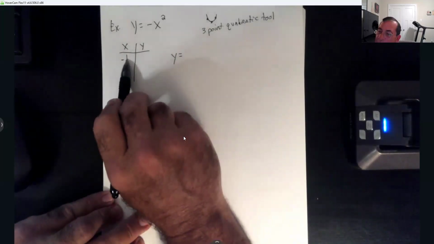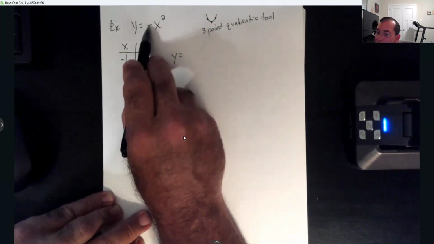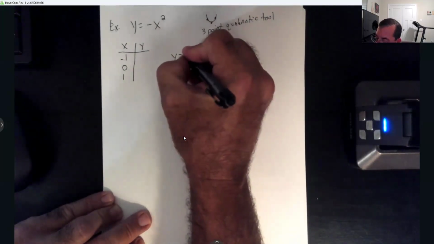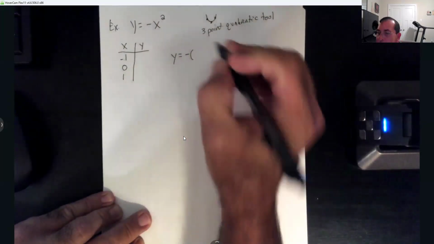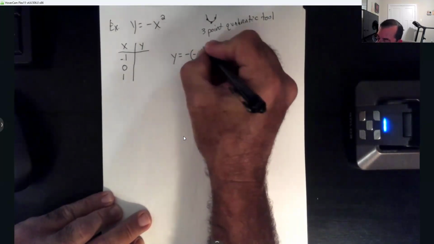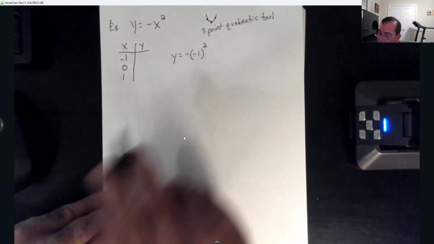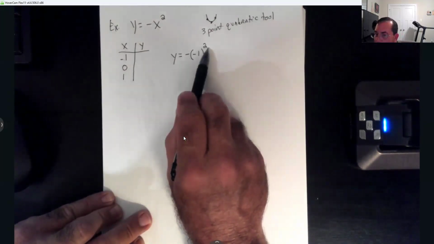Now y'all realize we're about to put a -1 in for the x, right? But guess what? There's already a negative in the front. So we got to keep this negative. Anytime I put a negative number in, I'm putting it in parentheses and then squaring it. So I got my -x squared, okay?